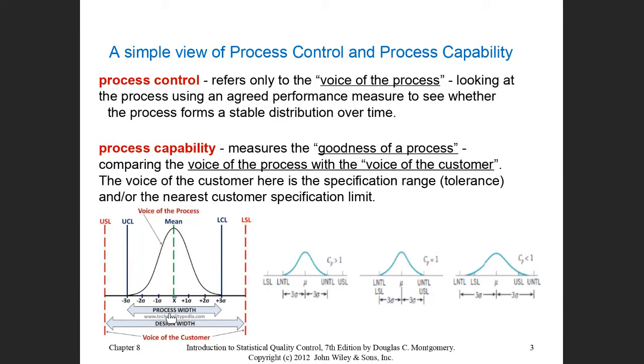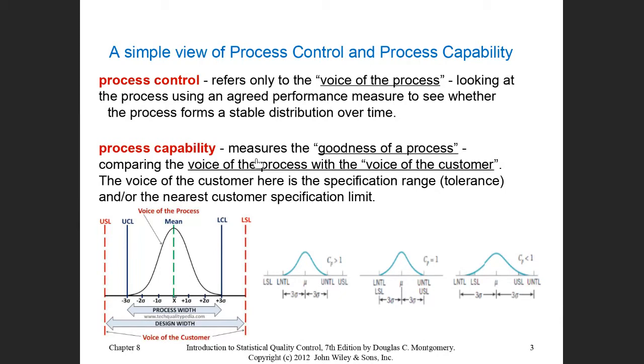It is based on how your process is being performed. But the specification, you set up as a process owner after collecting the voice of the customer. So there is a difference between the control limits and the specification limits. The specification should be wider because it is the voice of the customer and the voice of the process.